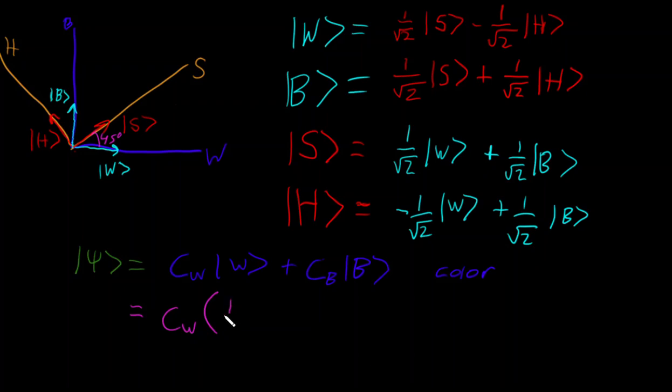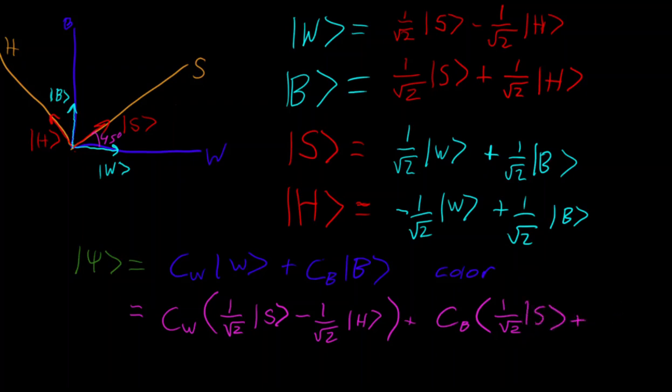So this is 1 over root 2 soft, minus 1 over root 2 hard, plus C_black times 1 over root 2 soft plus 1 over root 2 hard.